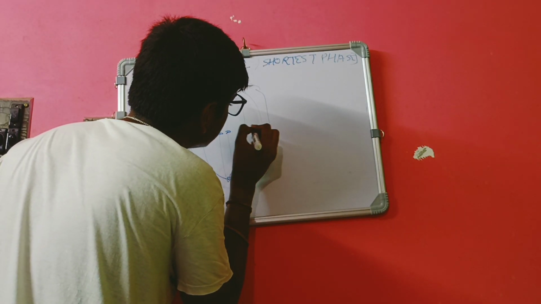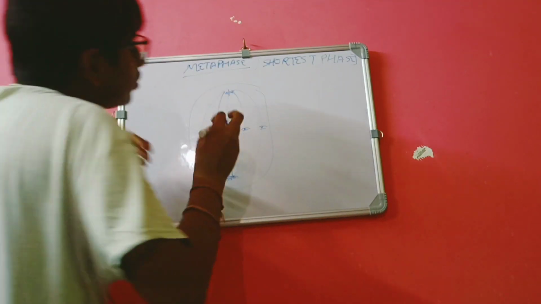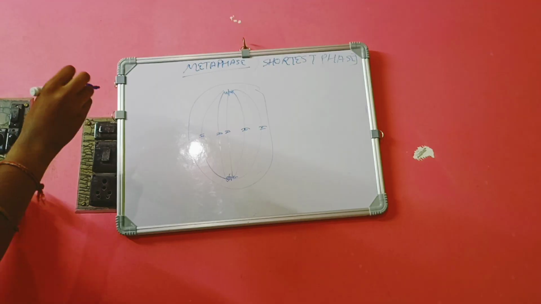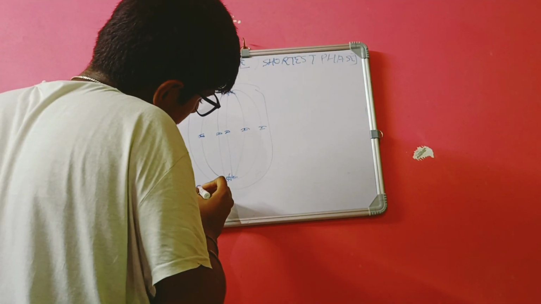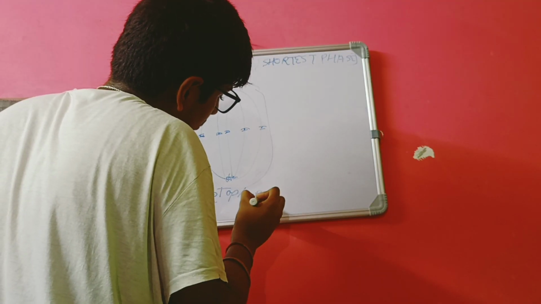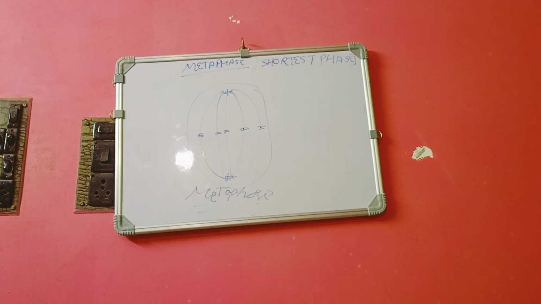If you do not understand, then see that there is a diad chromosome present. In this way you can identify that this is known as metaphase. Please replicate this diagram in your memory so that you can identify it when it comes to your exam.